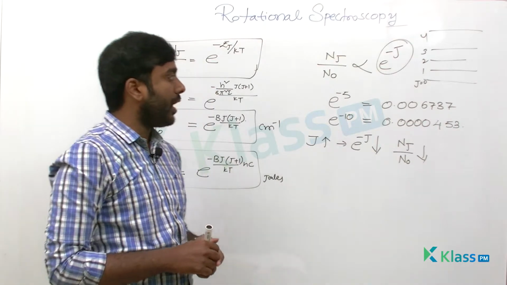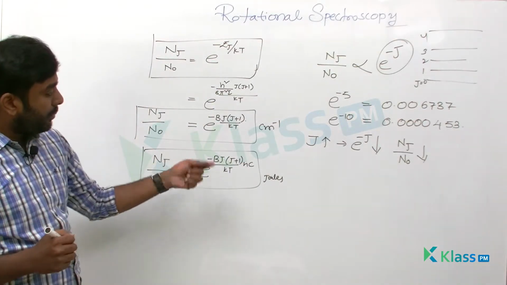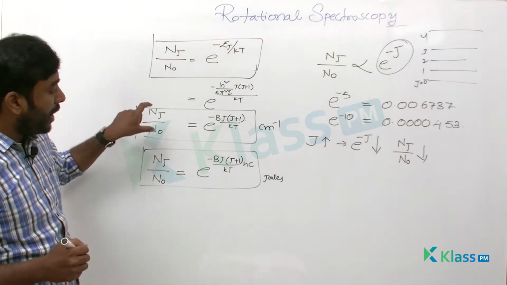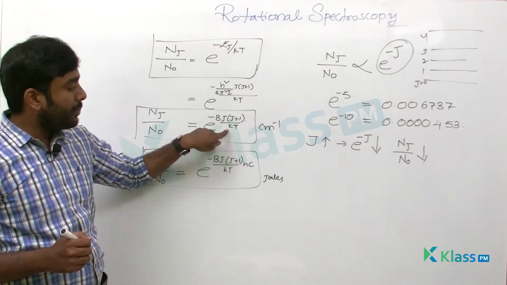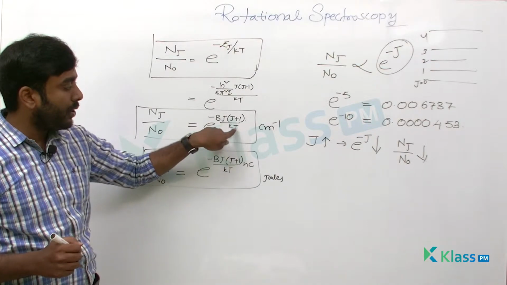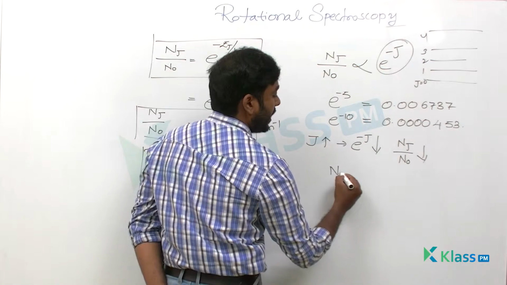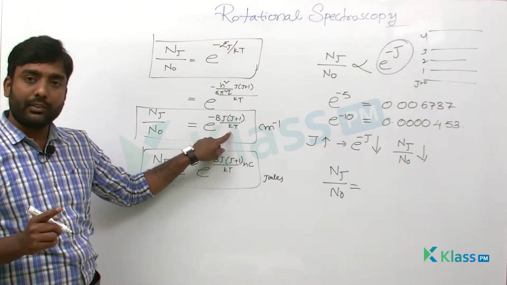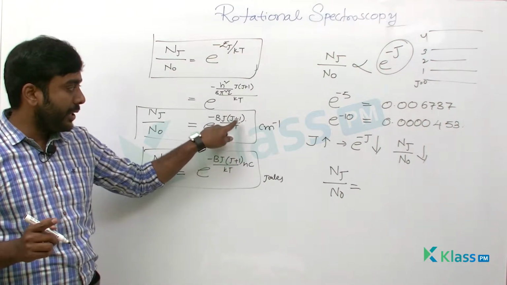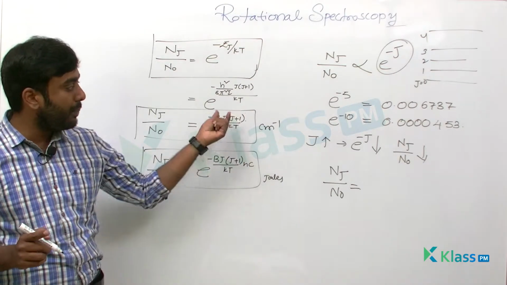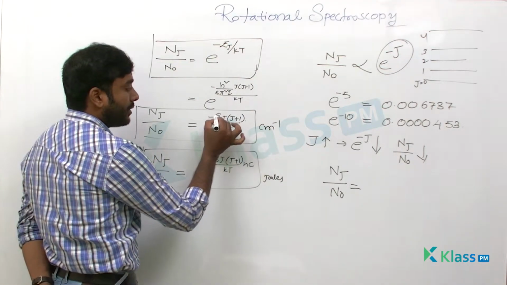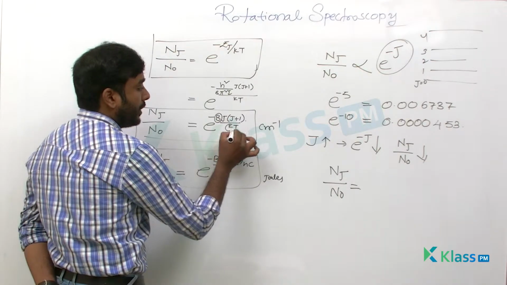Another factor which is also influencing. See in this formula, the relative population density of molecules is inversely proportional to what? At the denominator, what is there? Temperature is there. It is a variable, it keeps on changing. K is a constant, the Boltzmann constant. In our formula, b value is constant, k value is constant.